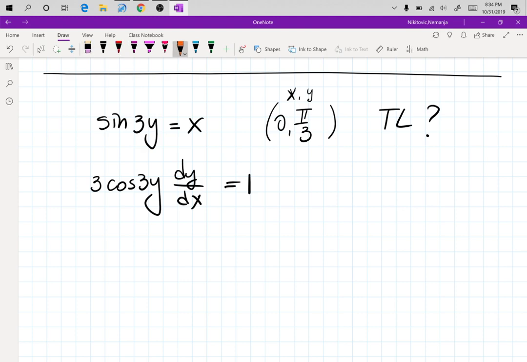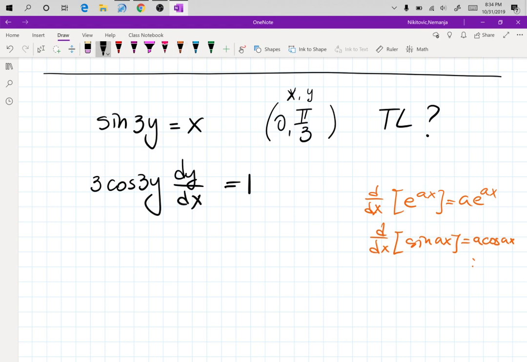You have a couple of those formulas where the derivative of e to the ax is a e to the ax. The derivative of sine ax is a cosine ax. That's not sine cubed, right? That's sine times 3y. There are also times where the x is just the x.